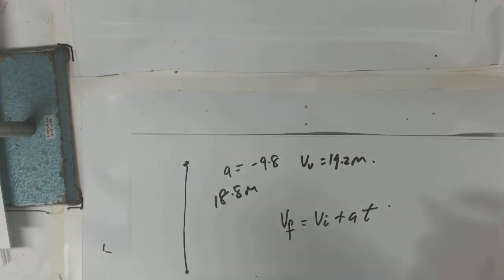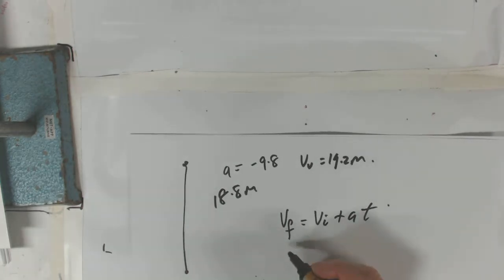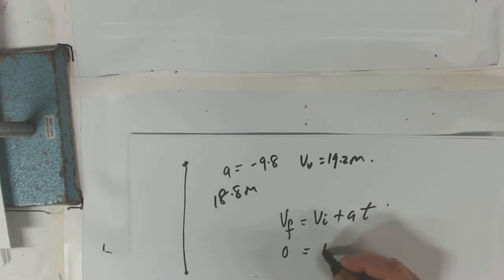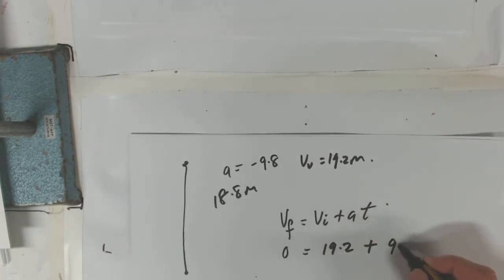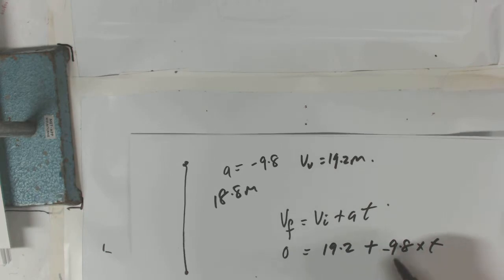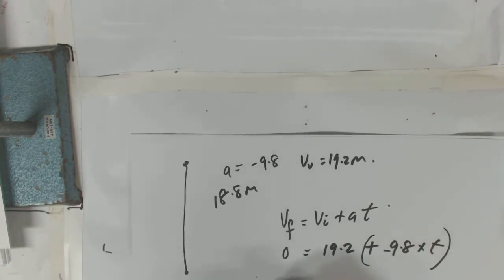Vf equals Vi plus At. If we look at this equation here, we again know that Vf equals 0. We know that Vi equals 19.2 plus A times t, which is 9.8 times t. But again, that's negative, so I bring that negative onto the other side: 9.8t equals 19.2.